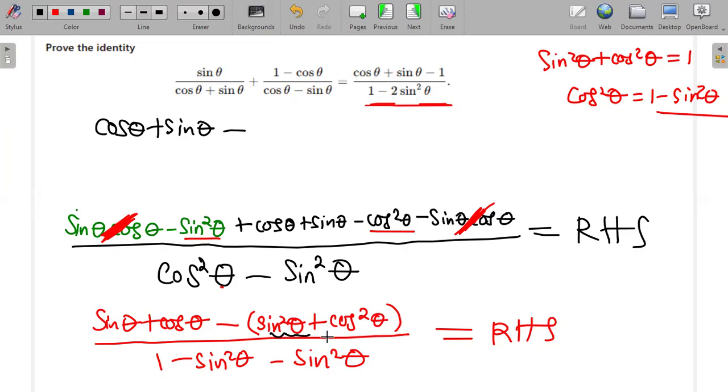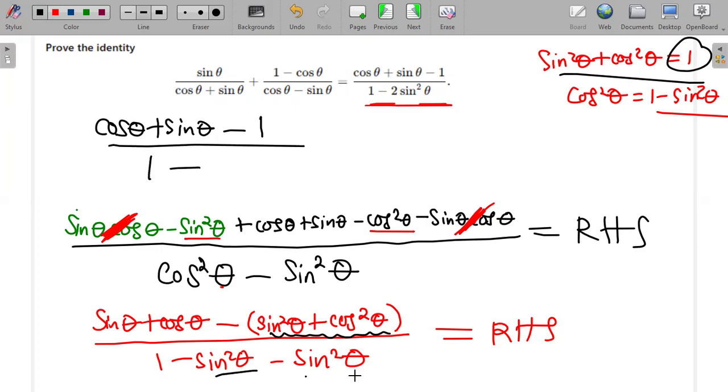What is this thing in brackets? See, the identity is there. This is just 1. So that would be minus 1 divided by 1 minus. These things are the same, so I combine them, I get 2 of them. And this is exactly what is on the right-hand side. Done. Okay, so any questions there on proving the identities?